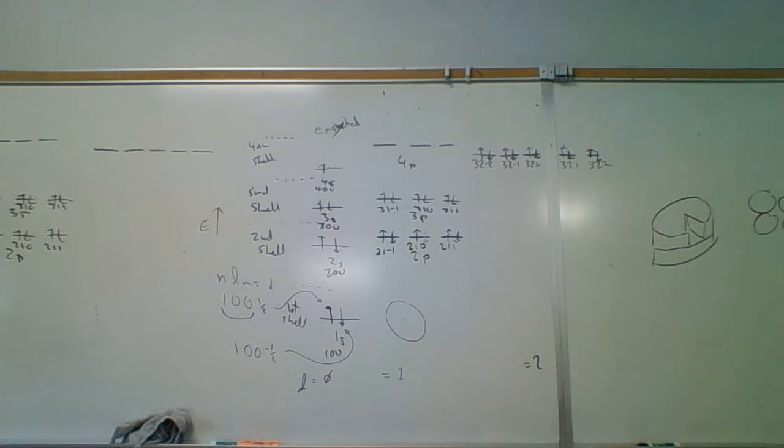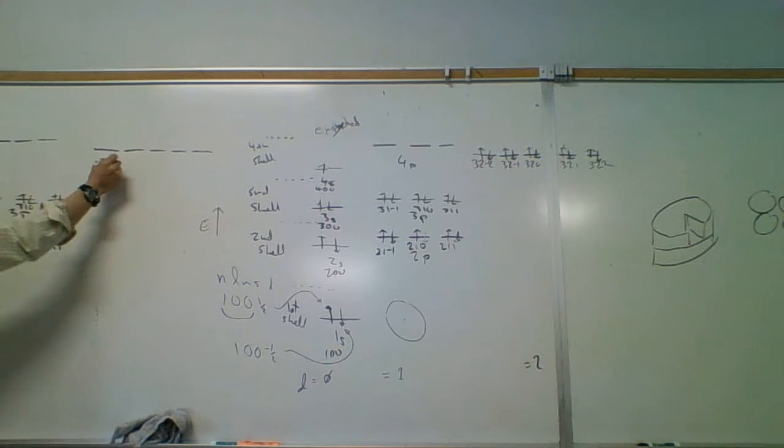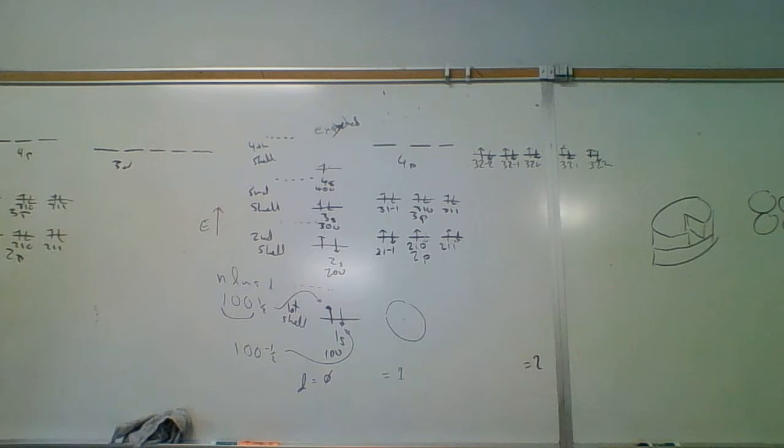Where chemistry happens is in the outermost shell. That's where, if you're an oxidizer, you're going to place the extra electrons that you need. And so this is 4s1, 4s2. The 3d are empty, the 4p are empty. And so the inner electrons here are called core electrons.